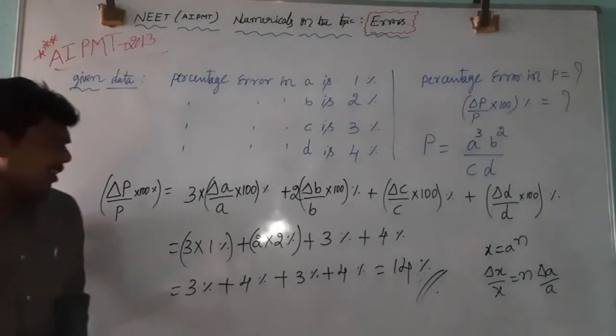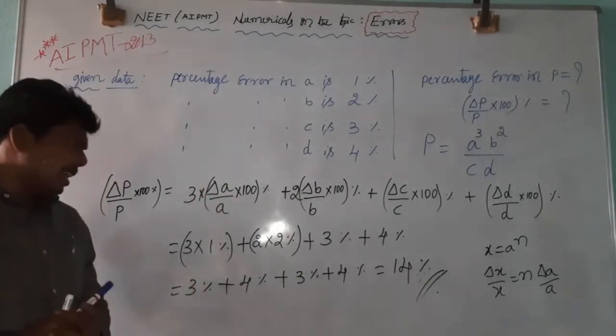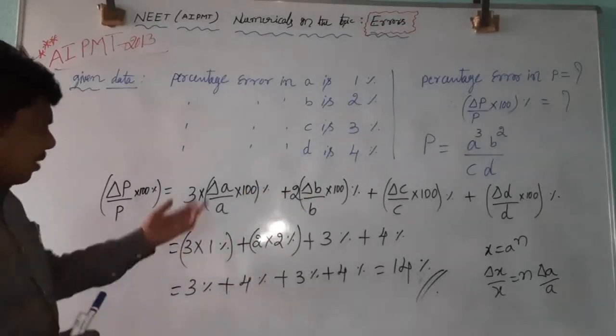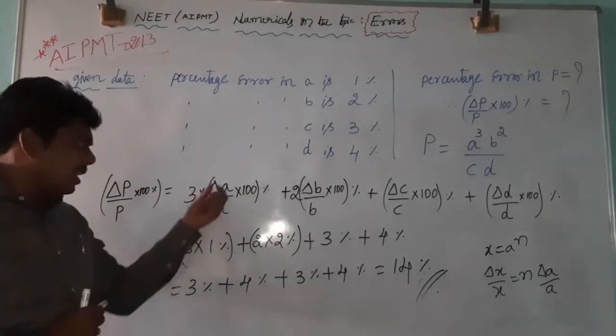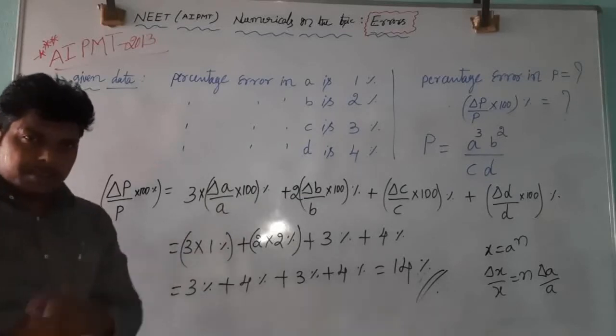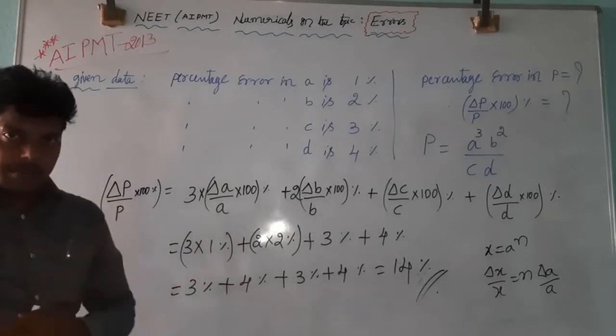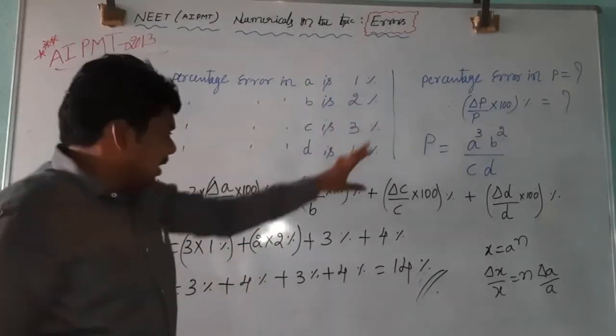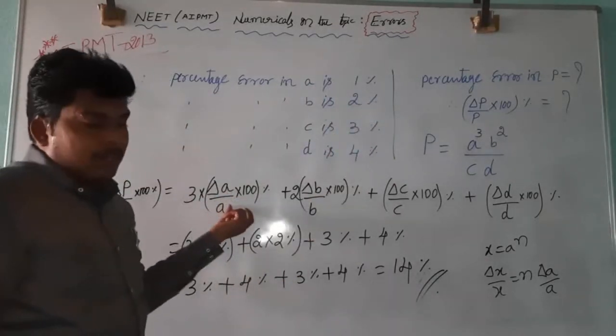You may think that in the previous one we just took delta A by A, delta B by B, plus delta C by C. Here why have we taken delta A by A into 100%? You may take that one, but there is no need. In the question itself they have given a percentage error, so here also we have to express in terms of the percentage error.